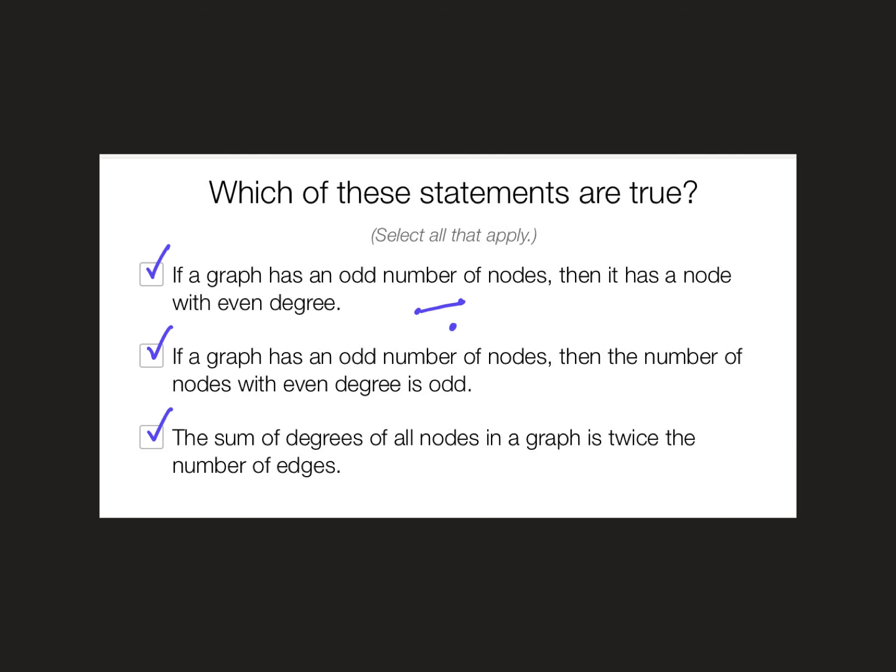You can play around with it, but it is true. If it has an odd number of nodes, then the number of nodes with an even degree is odd, and the sum of all of the degrees is twice the number of edges. Play around with all 3 of them, but all 3 of them are true.